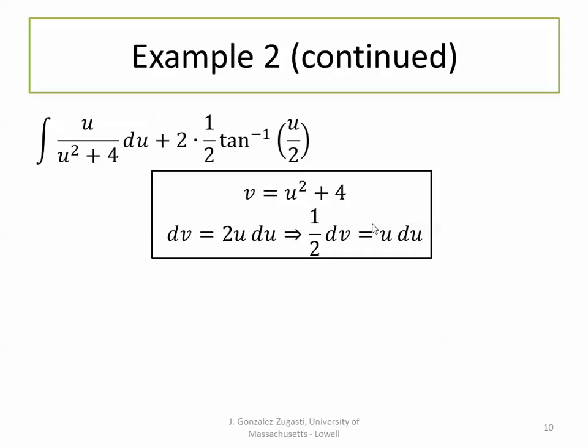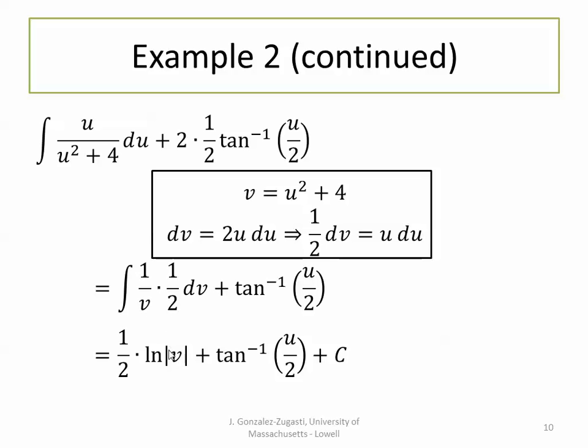We go ahead and make our substitutions just into the integral part, and we get that that becomes the integral, well, 1 over u squared plus 4 is 1 over v, and then the u du is the 1/2 dv. And then I'm still plus what I have left here, which is tangent inverse of u over 2. Now to evaluate this indefinite integral here, well, that's going to be 1/2 times the natural log of v.